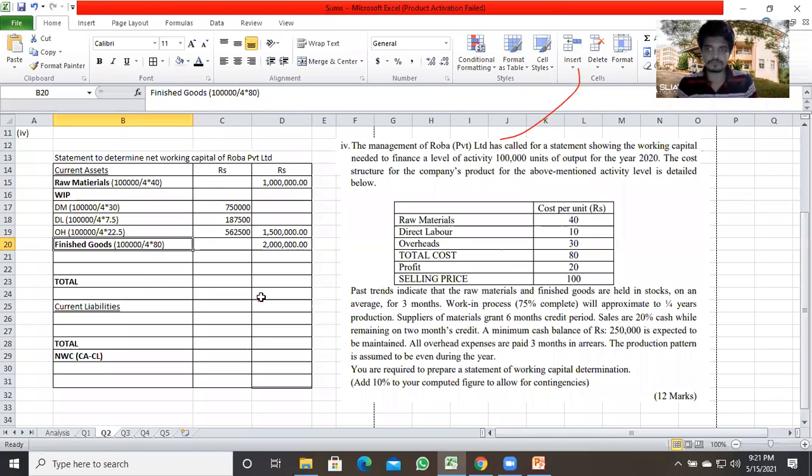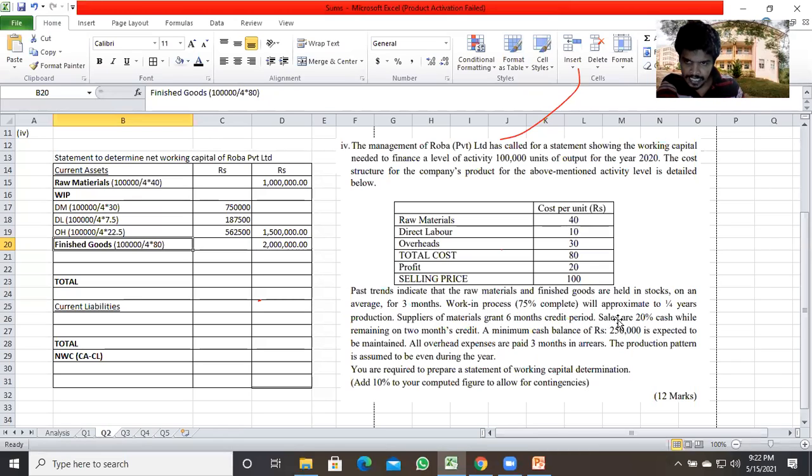We have to assume that. With that assumption, can you tell me how to calculate the debtors value? Anyone?